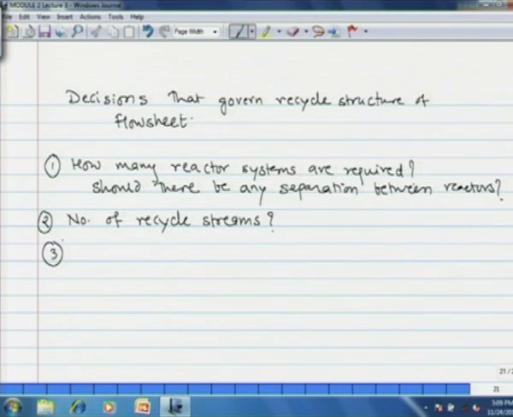Then third, should an excess of any reactant be used?